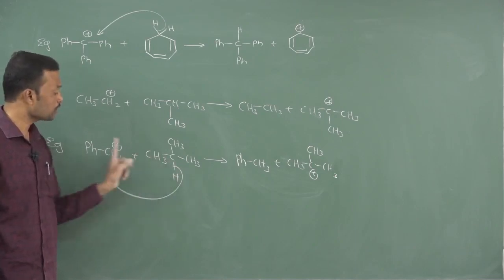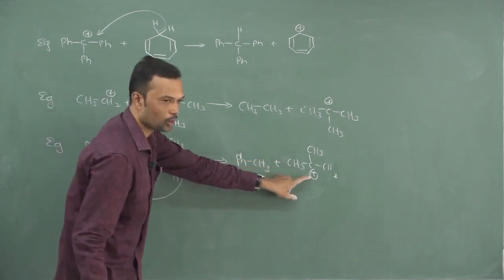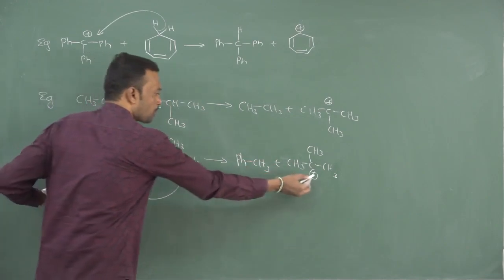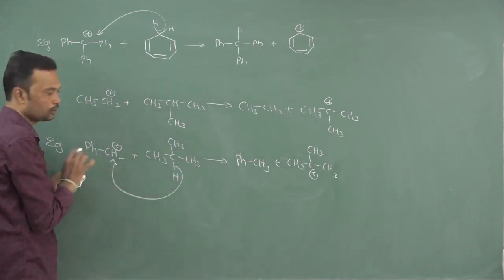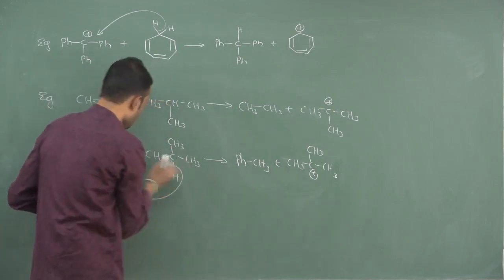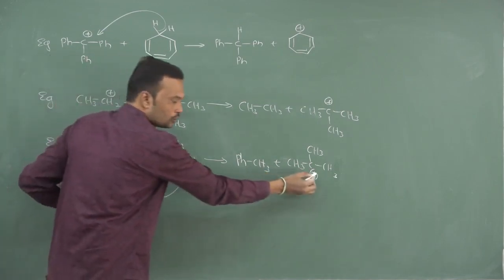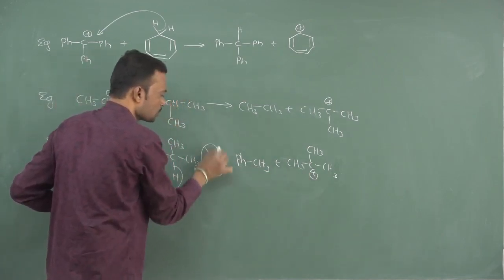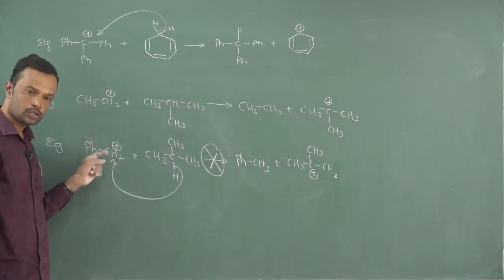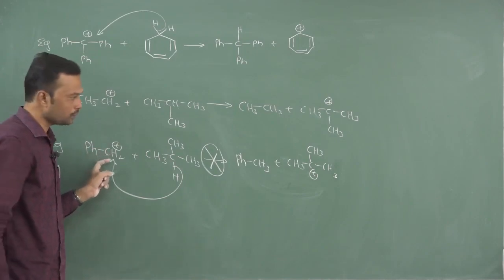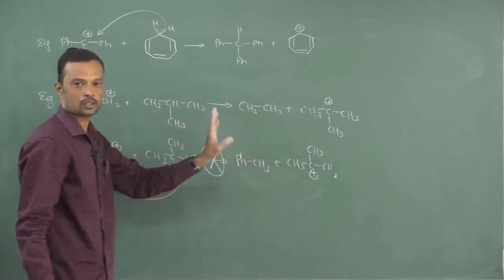Now, if this hydrogen migrates, you will get one more carbocation. Is this formed carbocation more stable than this one or not? Is it more stable? No. Why? Because benzyl is more stable as compared to tertiary. So, that is why this reaction does not exist. Always remember, we need to choose a cation which should be highly unstable compared to the formed carbocation. Only those reactions are possible.